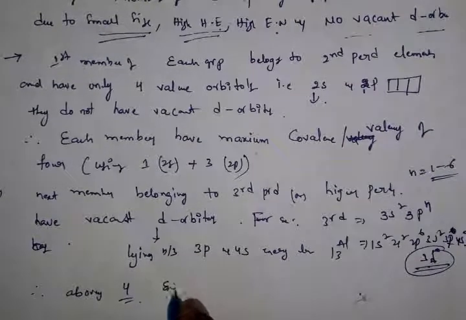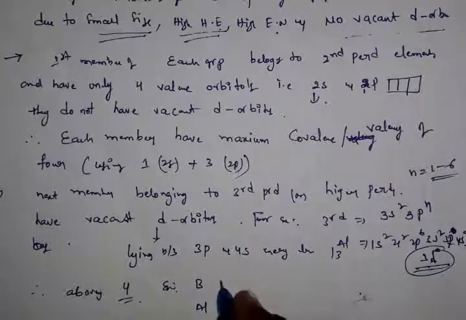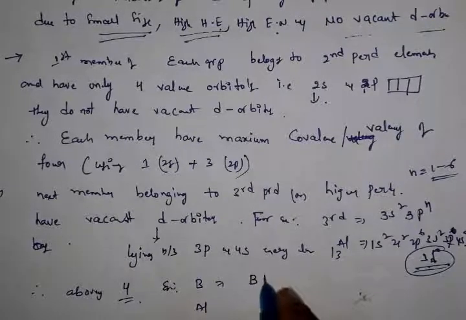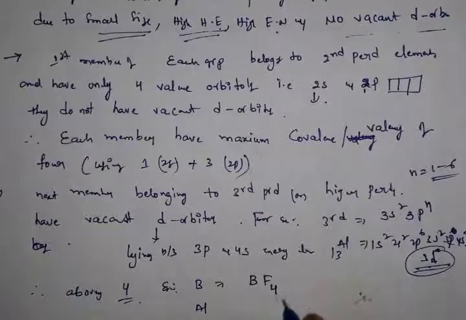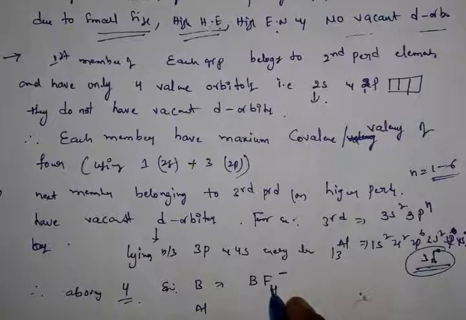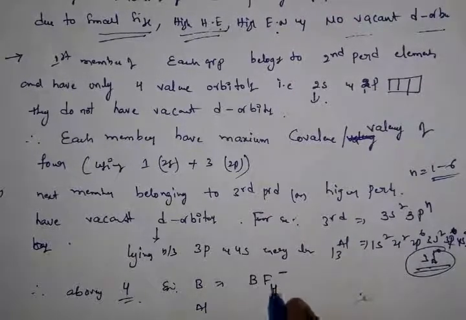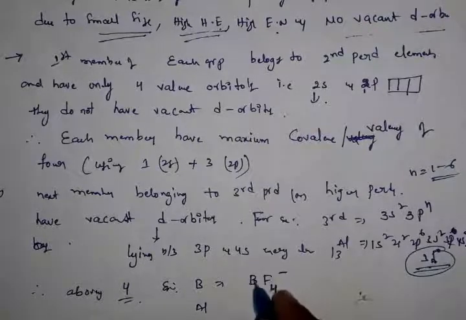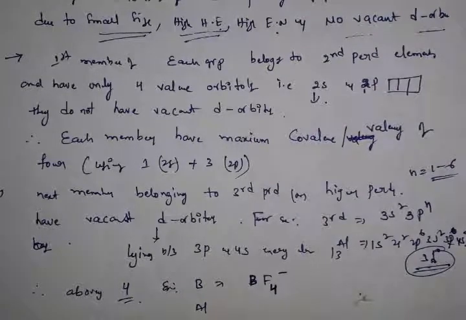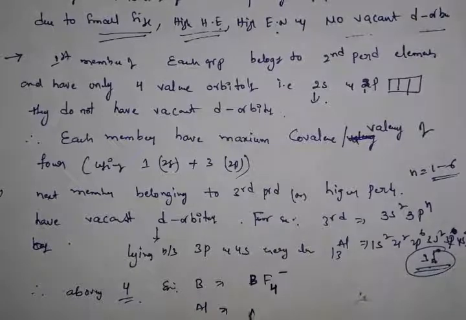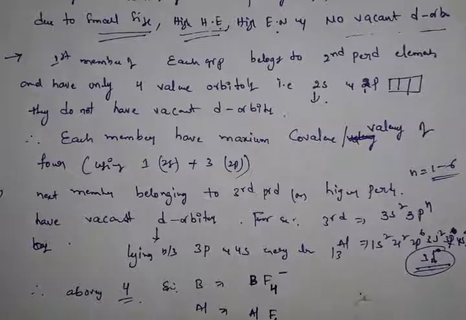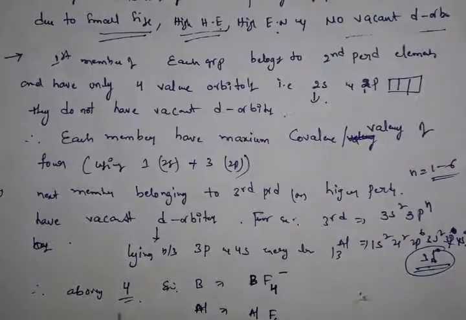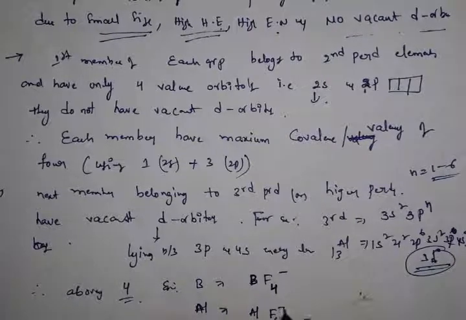For example, taking boron and aluminum: boron forms only BF4 minus, where boron's valency or coordination number is 4. Aluminum forms AlF6 3 minus, where aluminum's covalency is 6.